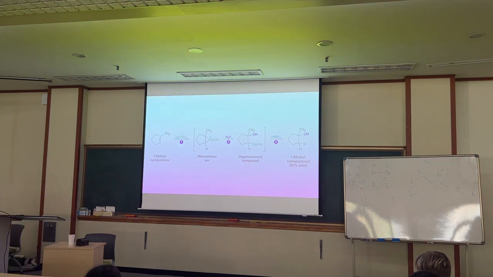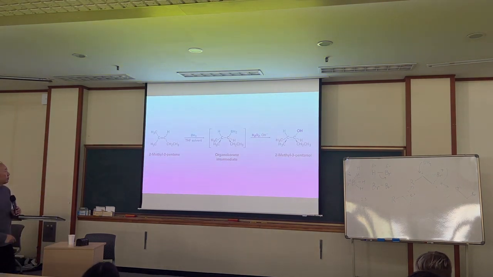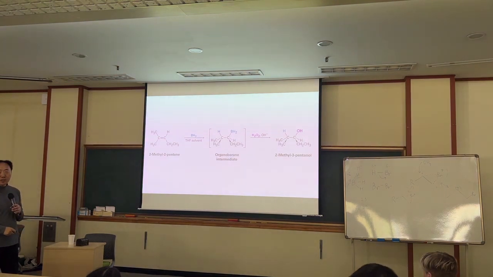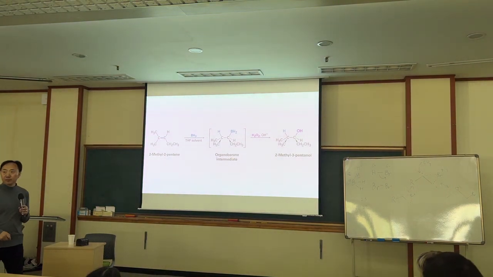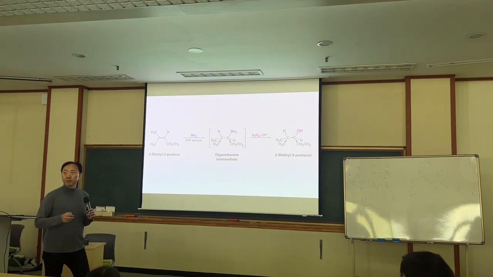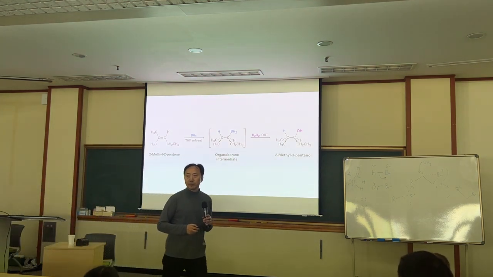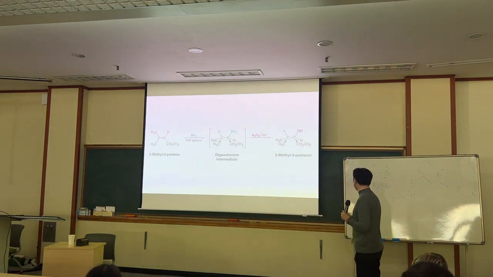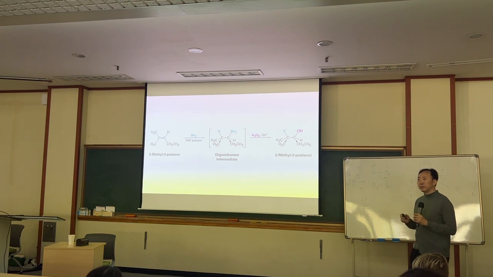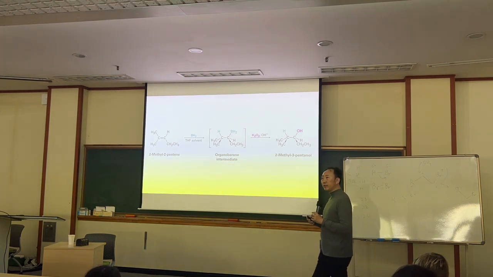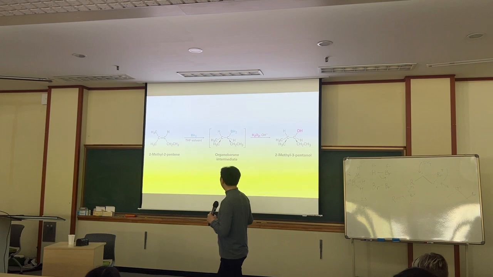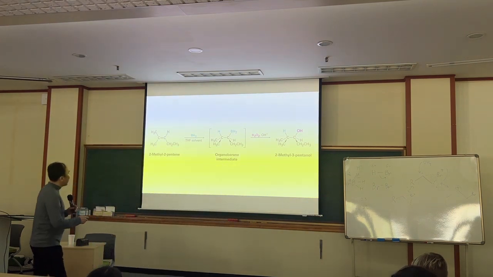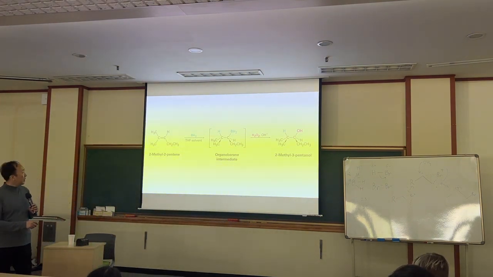Now, sometimes we need to add that water not on the more substituted position. Sometimes you want to add it at this position. Then this is an option. Let's compare. In this case, we use the BH3 reagent on the double bond. Then H is added, and then B is added.